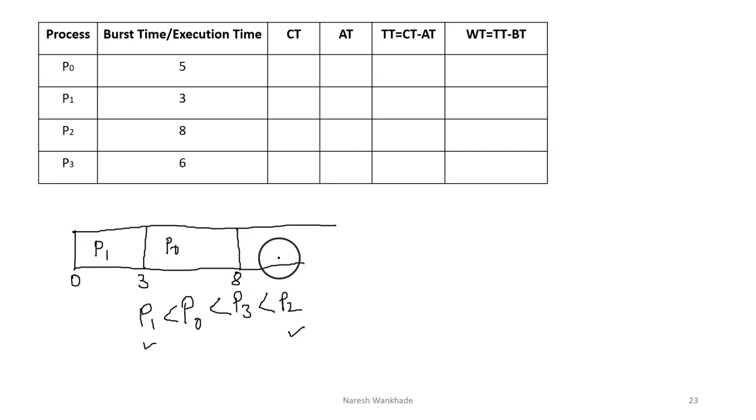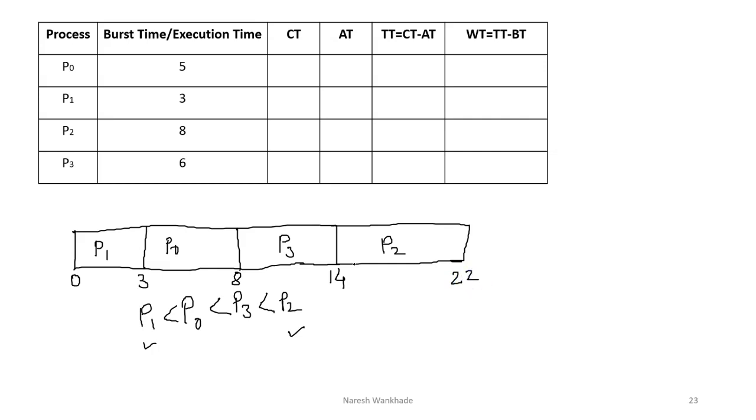Then after P0 the next process is P3. P3 will hold the CPU for 6 units, and the total time is 14. After P3 the CPU will be assigned to process P2 which takes 8 units, and the total time is 22.